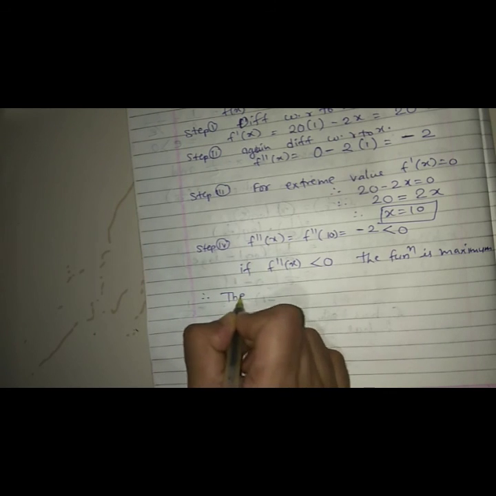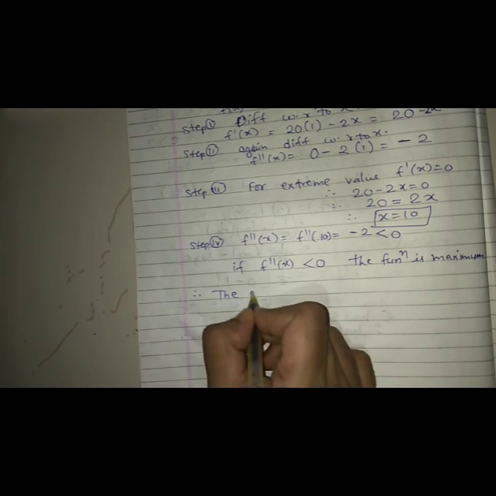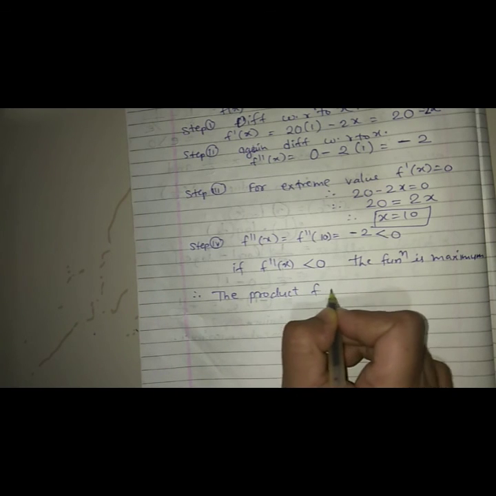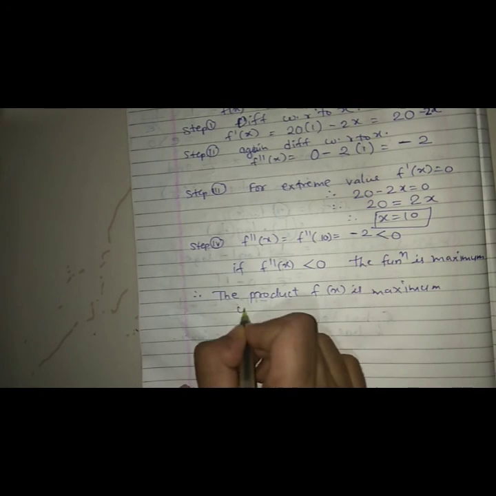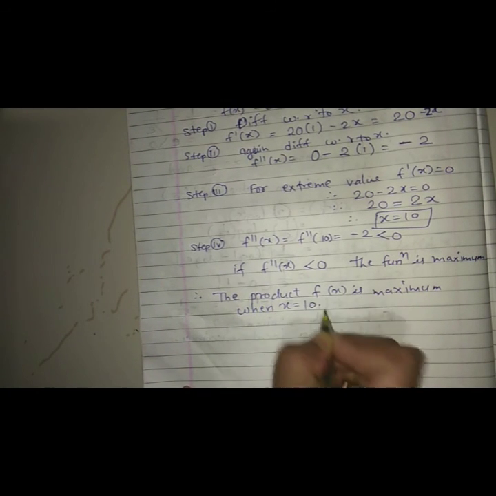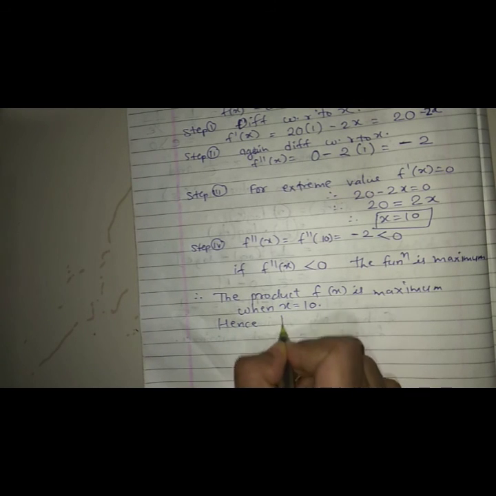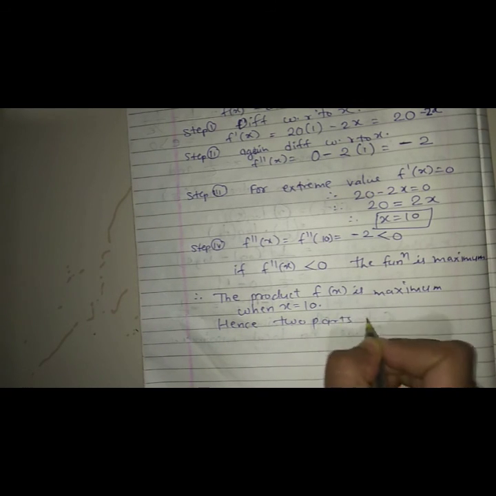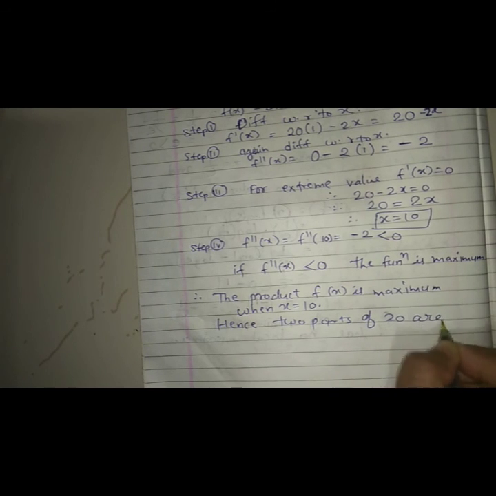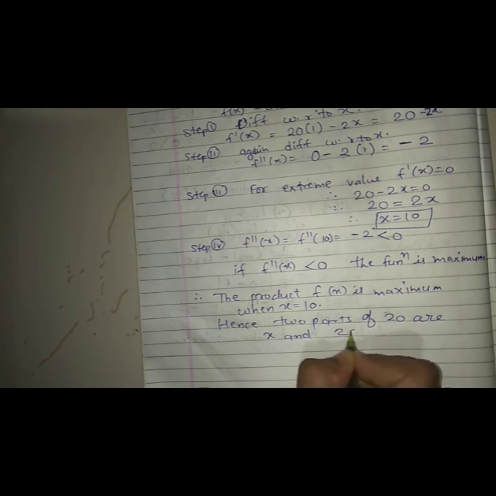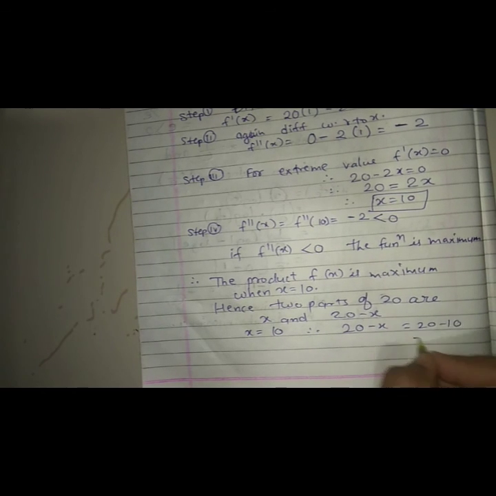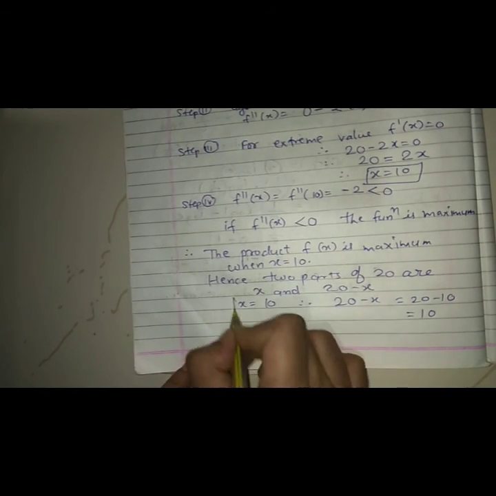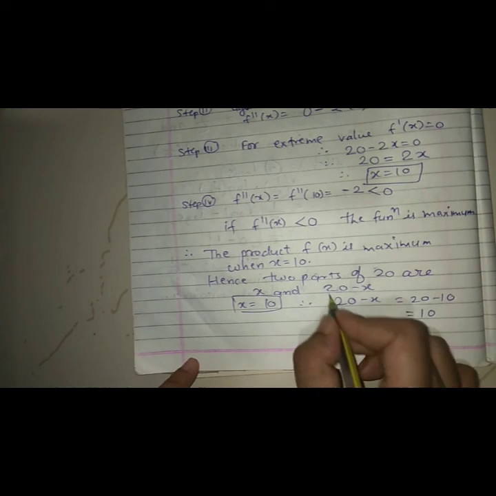Therefore the product f of x is maximum when x is equal to 10. Hence the two parts of 20 are x and 20 minus x. So x is equal to 10, therefore 20 minus x is equal to 20 minus 10, which is 10. So the first part x is equal to 10 and the second part is also 10.